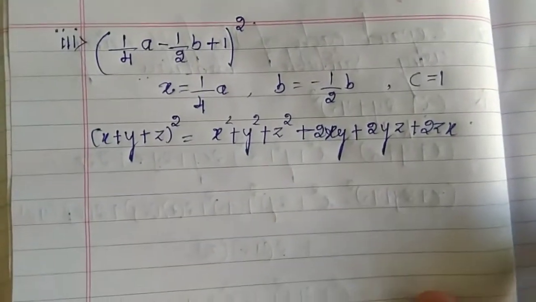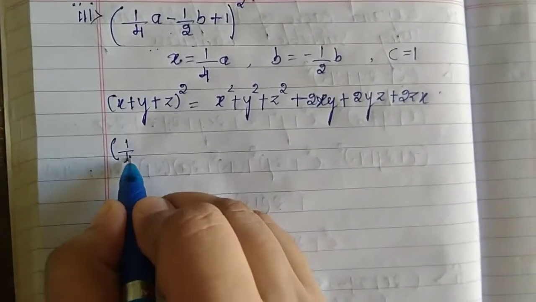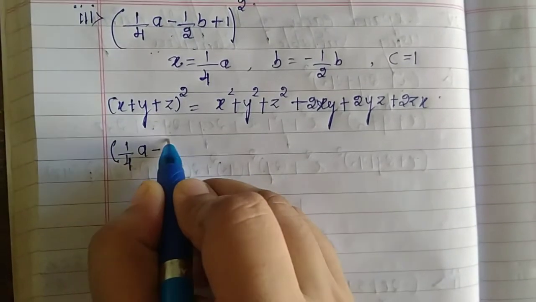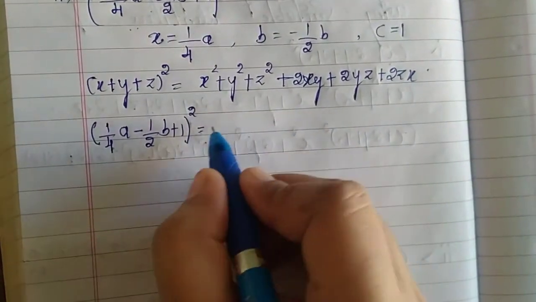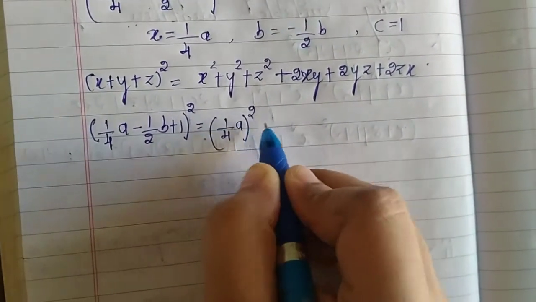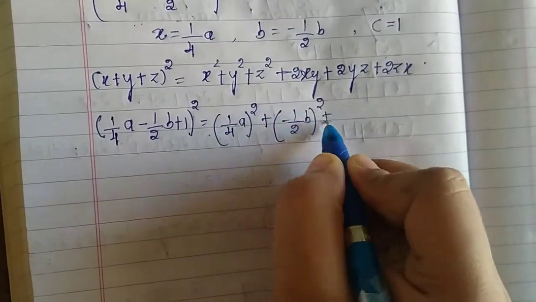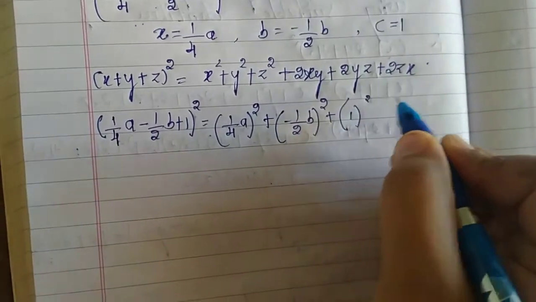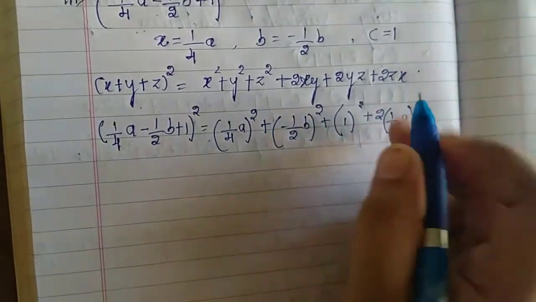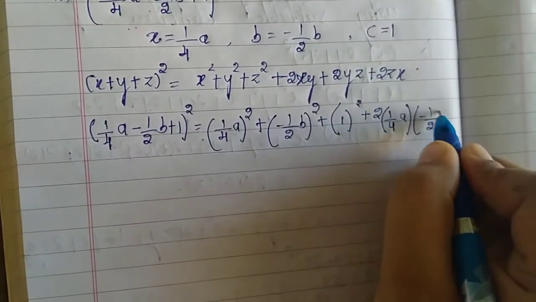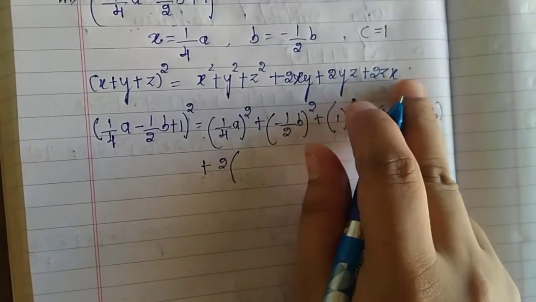Okay, so now you have to substitute all these values to this identity, that is 1 by 4a minus 1 by 2b plus 1 the whole square will be equal to 1 by 4a the whole square plus y square means minus 1 by 2b the whole square plus z square means 1 the whole square plus 2 into x means 1 by 4a, and y means minus 1 by 2b, and here z means 2 into z into x.